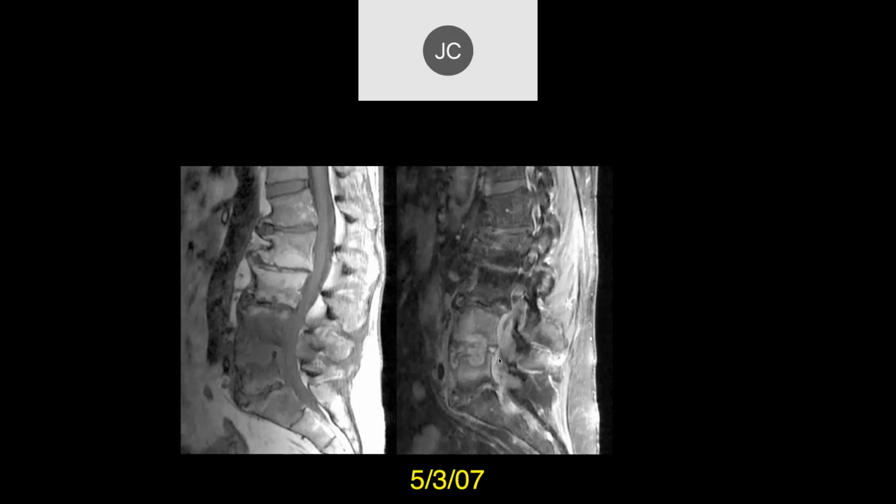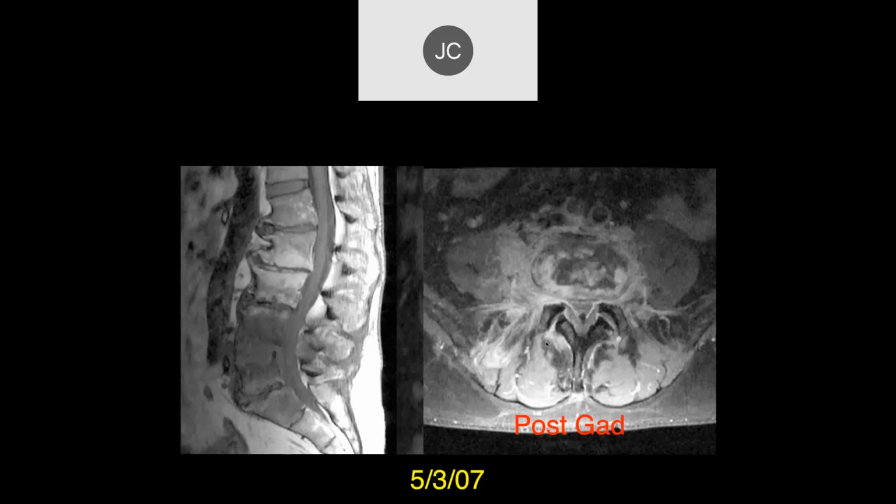Disc spaces are not very well maintained, and there's a lot of signal in them as well. Post contrast, enhancing soft tissue surrounding the vertebra, extending into the right psoas muscle, I believe.